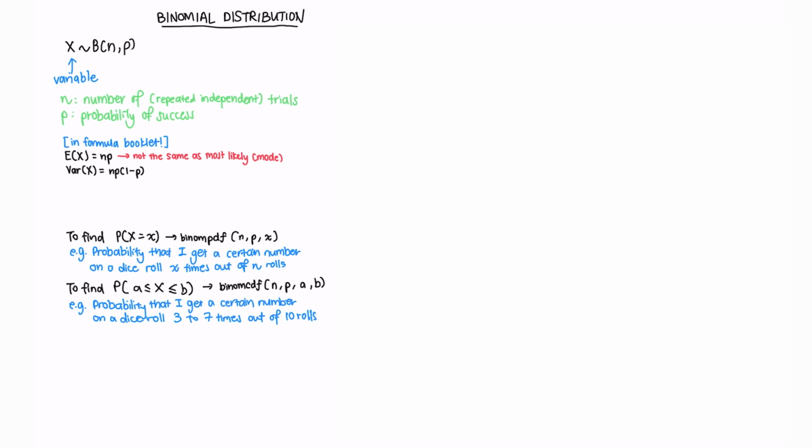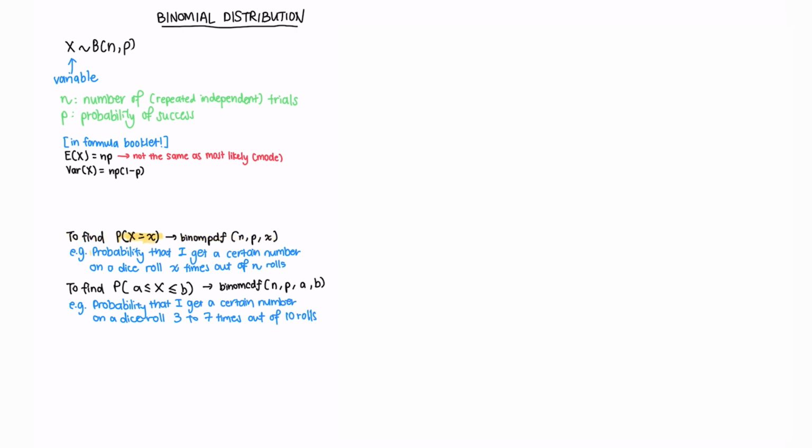Now here we come to the GDC part for binomial distribution. How are we going to use the GDC to help us find the probabilities? To find the probability that X equals x, I'll use this thing called the binom PDF. I'll write this in the calculator: binom PDF(n, p, x).